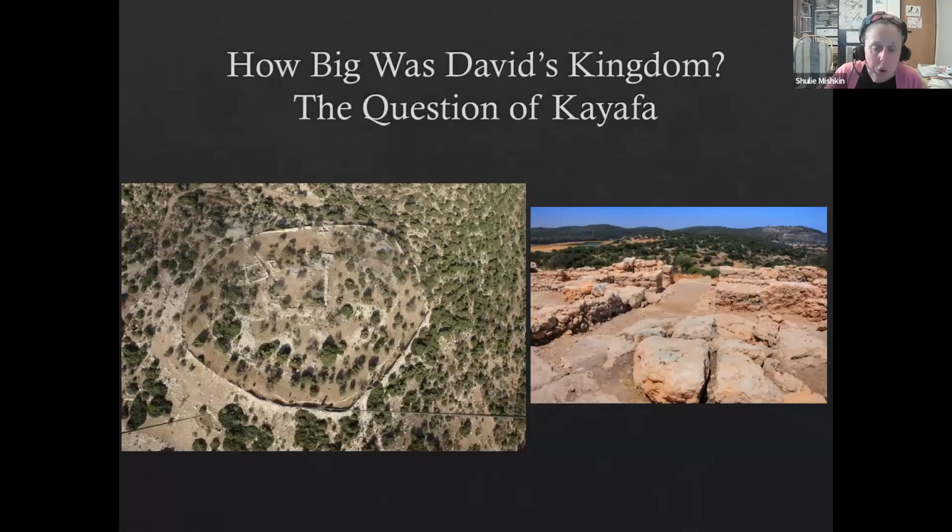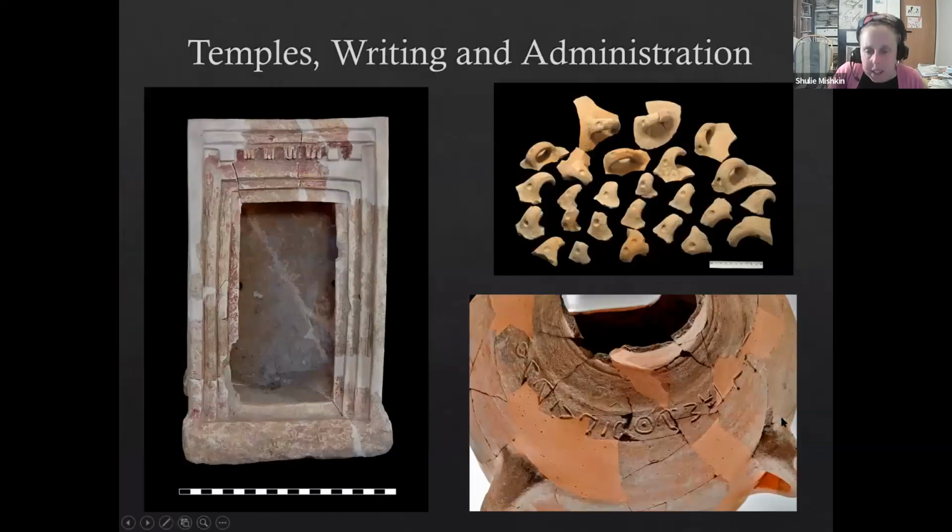And if this is correct, you have an outpost of King David's kingdom, more than a half a day's walk from Jerusalem, going out towards the land of the Philistines, a powerful centralized city that had writing. We found writing here.